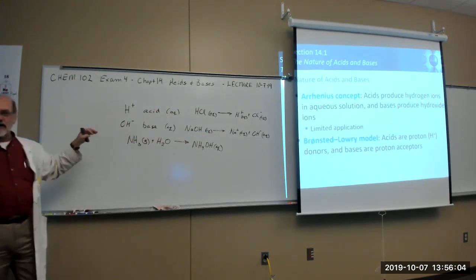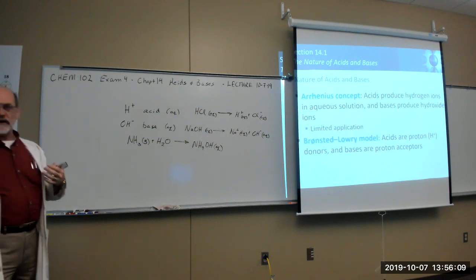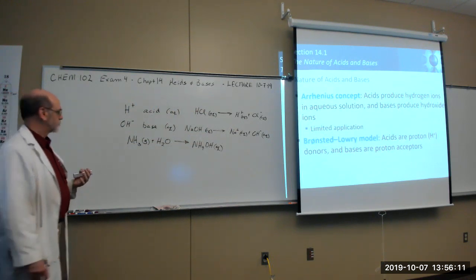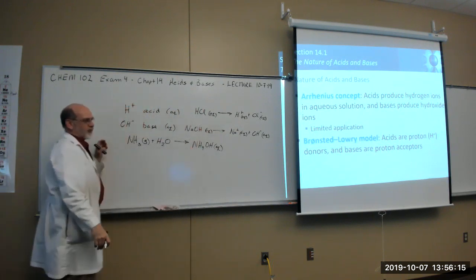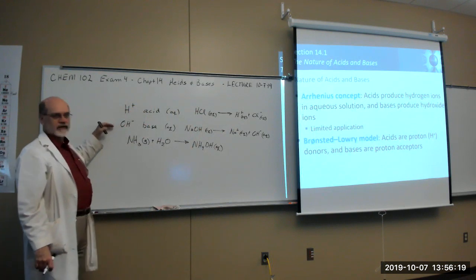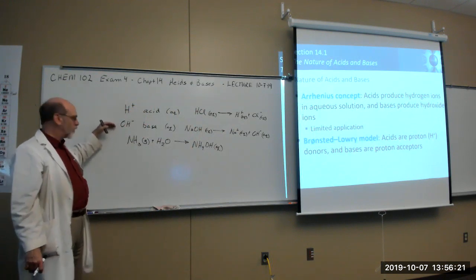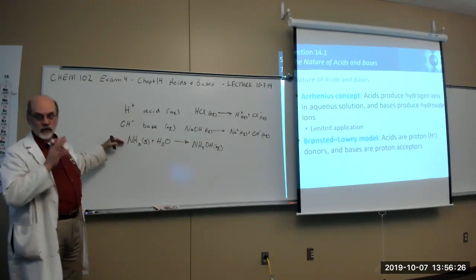But a base now, according to Bronsted-Lowry, is a proton acceptor. Right? So under this definition, Arrhenius falls apart. The Bronsted-Lowry model will not work with the Arrhenius definition of a base, but it will work with certain bases that Arrhenius would not work.